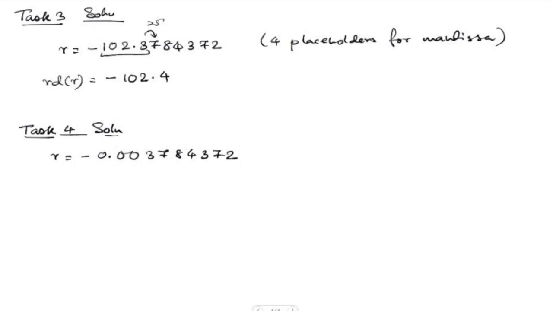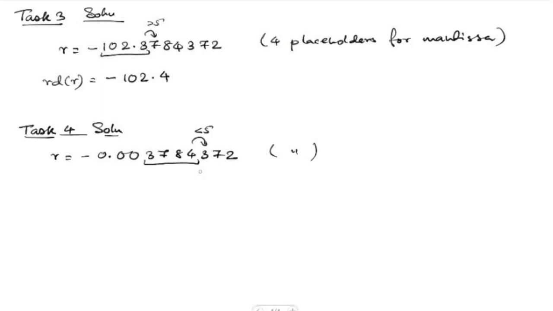So now we again have 4 placeholders like above for the mantissa, and here comes the point about significant figures. The zeros at the beginning have no value here. So the significant digit starts from 3 until the 4. These are the 4 significant digits, and we check the next value. Is it greater or less than 5? Here this is less than 5.